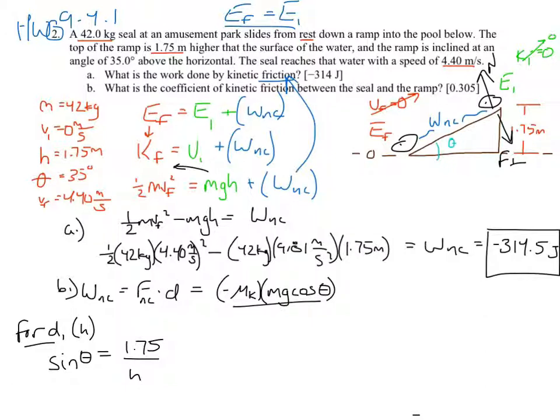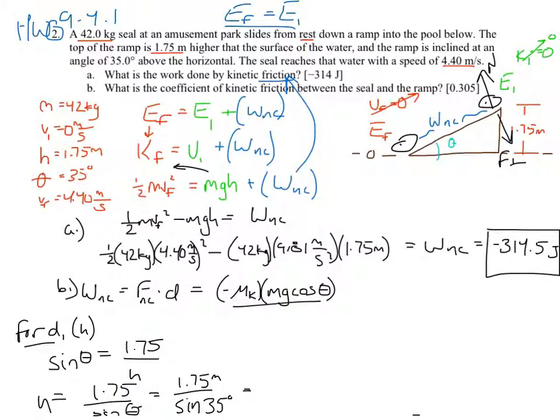The hypotenuse is really the distance d that we want to solve for. So our hypotenuse is going to be 1.75 meters over the sine of theta, which is 35 degrees.